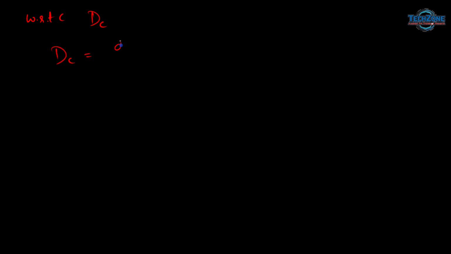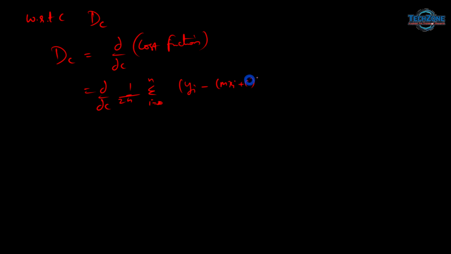So dc is equal to partial differentiation with respect to c of what? The cost function. So this is partial differentiation of 1 by 2n, sigma i equals 0 to n, yi minus mxi plus c, this was like this, right?